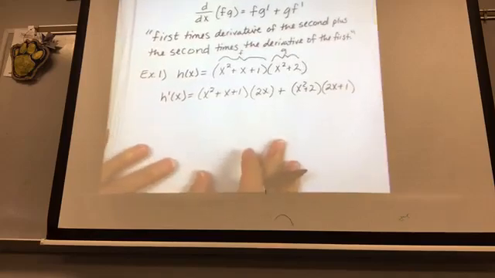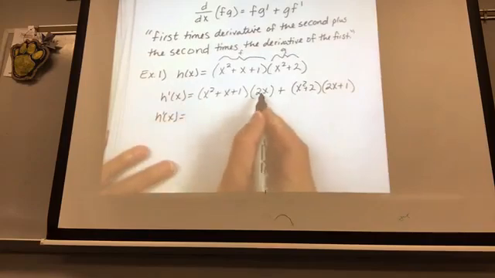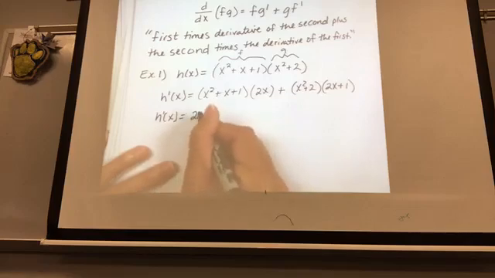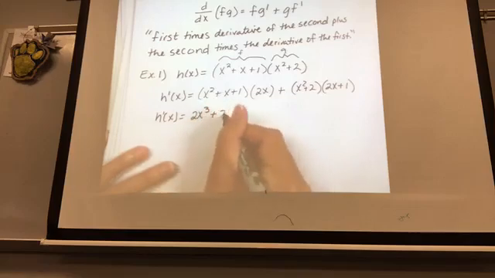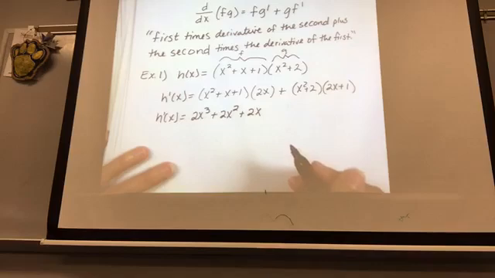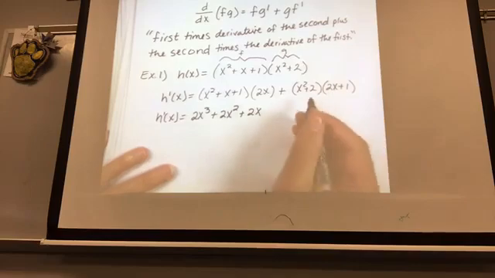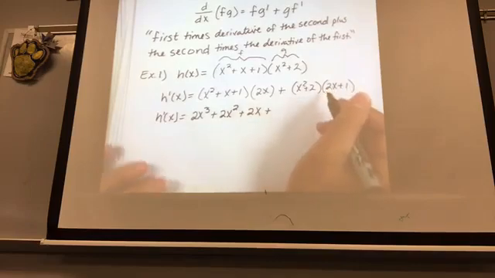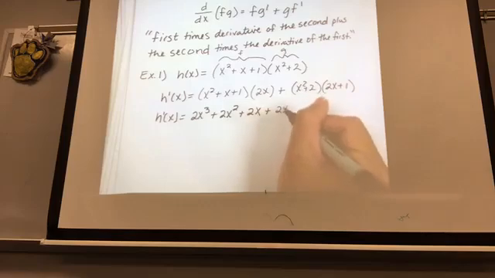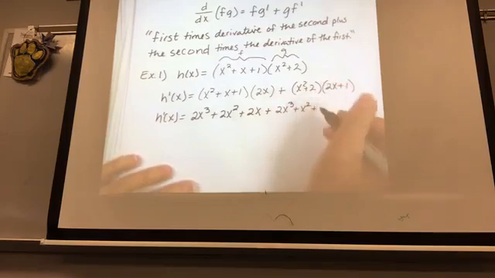And then now we can simplify it. So 2x distributed would give us 2x cubed plus 2x squared plus 2x. And then right here we have to FOIL. So plus 2x cubed plus x squared plus 4x plus 2.